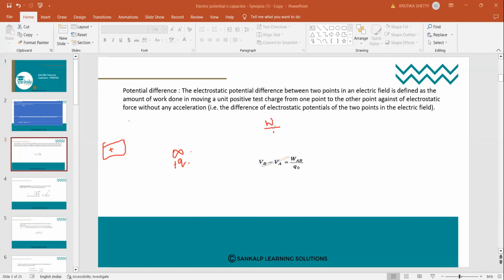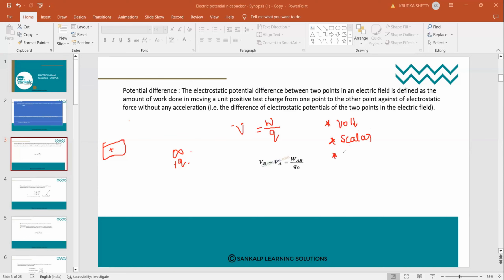That external work done per unit charge is called what? Electric potential. So what is electric potential? The amount of work done per unit charge is called electric potential. The SI unit of electric potential is volt. The electric potential is a scalar quantity.